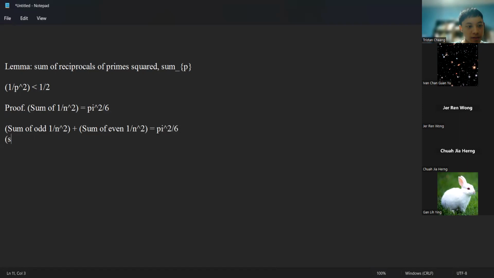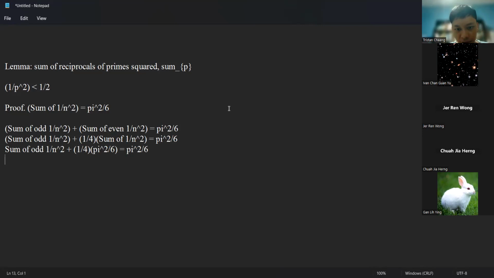For the even terms, I can factor a 1/4 out. So the sum over odd n of 1 over n squared plus 1/4 of pi squared over 6 is pi squared over 6.